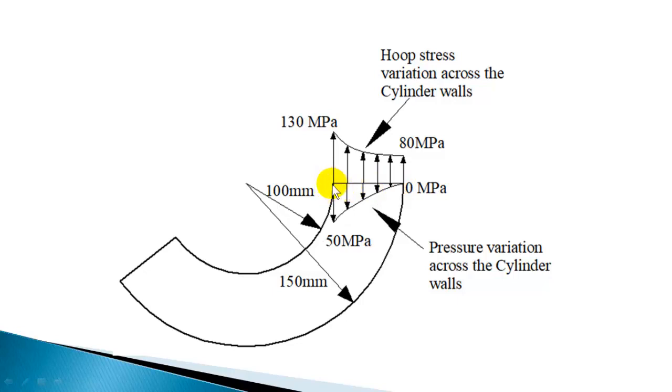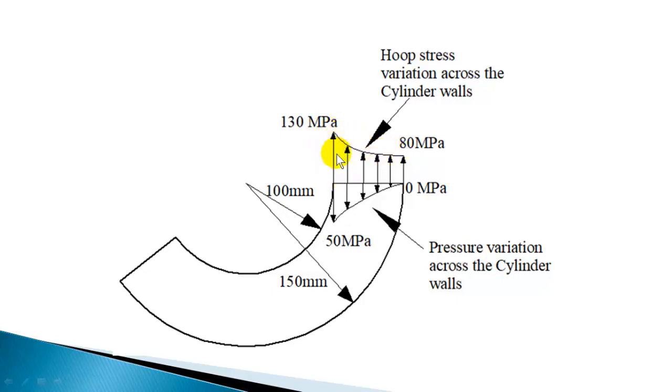Now on the inside surface you will have a hoop stress of 130 megapascal, that is the maximum hoop stress. When it comes to the outside of the cylinder, the hoop stress is reduced to 80. So these two values we have calculated, and we know the variation is parabolic. So you draw a curve from 130 to 80.